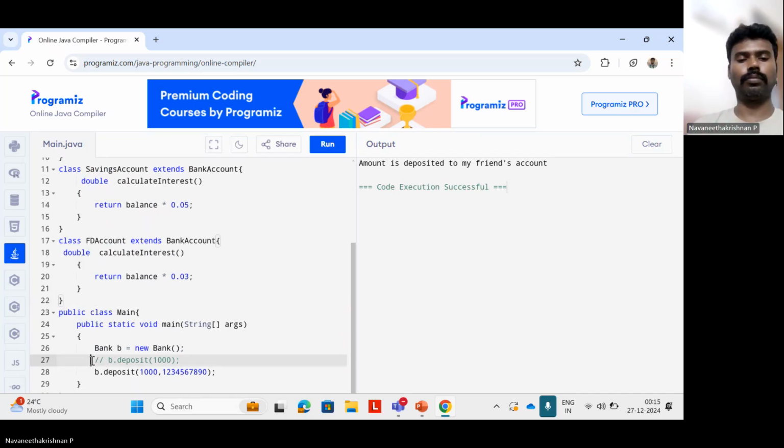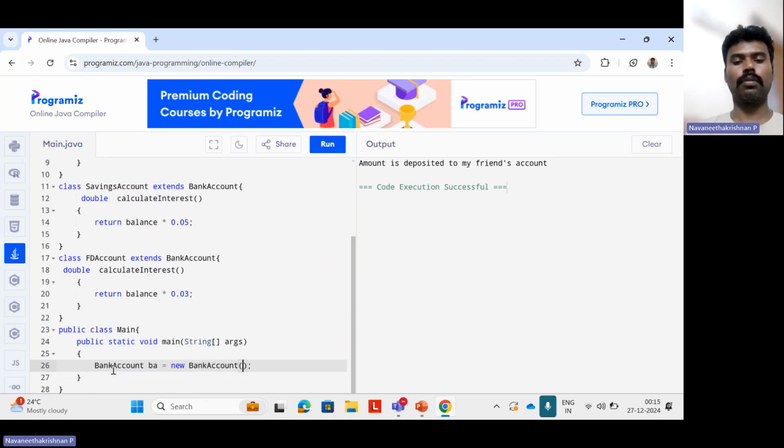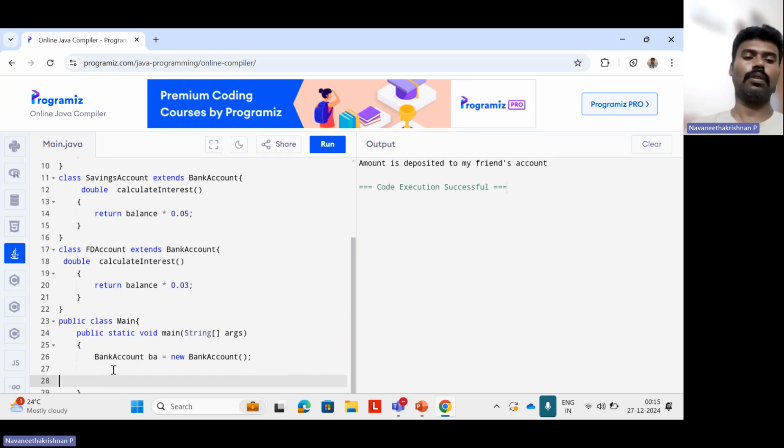Now, bank account is the class, so we create an object for the class bank account.